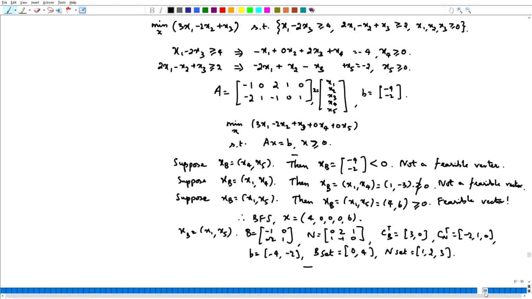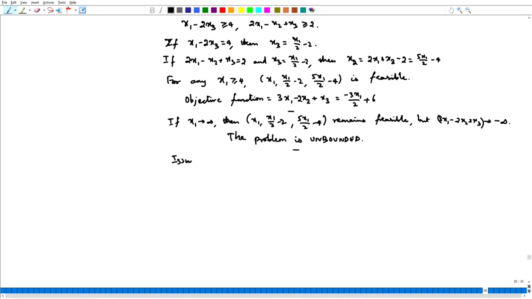That could be a hard task in case there are not many feasible vectors. Okay. So, the first issue is that finding a BFS initially could be a hard task.